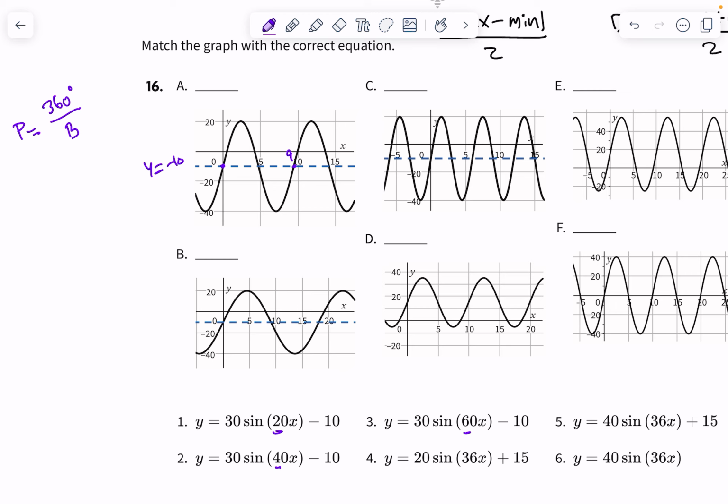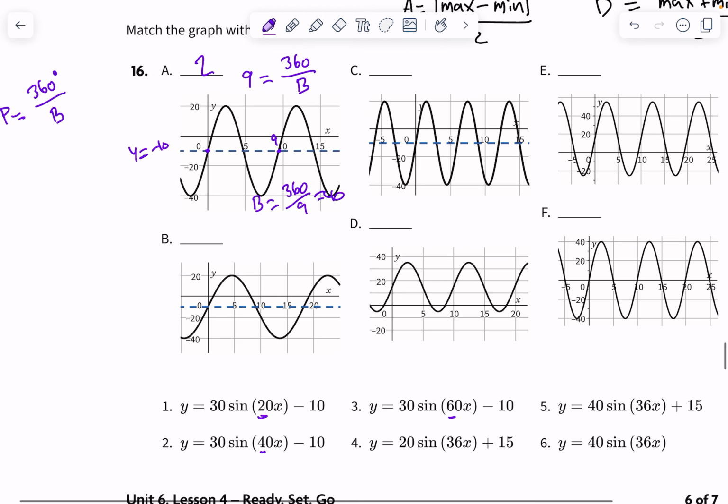So then my period here is 9, equal to 360 over B. To solve for B, we get that B is equal to 360 over 9, which is equal to 40. So then we know that this should be 2. So this A pairs up with 2, because this is 40 right here. And we can scratch this. Let's put a check mark to note that we used this.